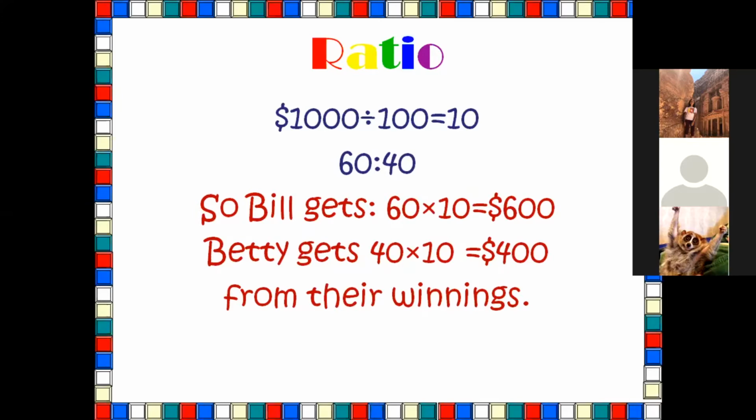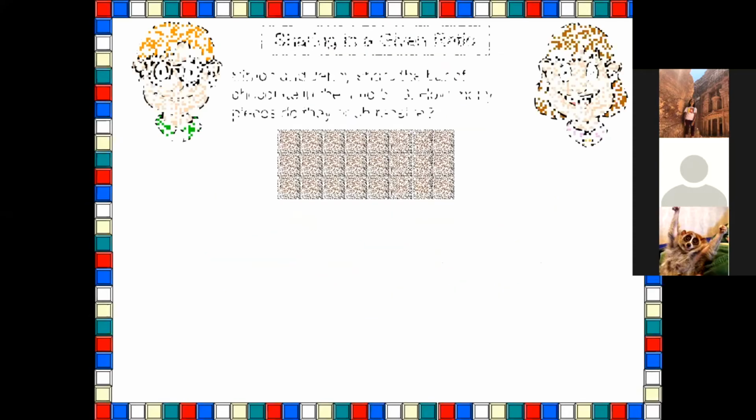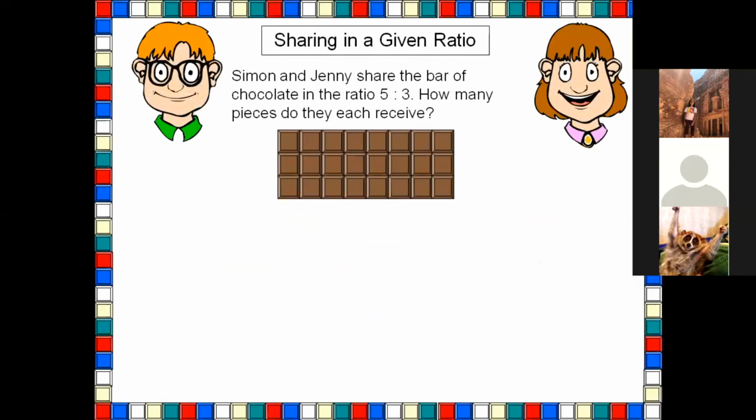Let's have another example. If you didn't get this one, pay attention to this example. Simon and Jenny share a bar of chocolate in the ratio 5 to 3. How many pieces do they each receive? So see, there's a bar of chocolate. Simon and Jenny will share it in the given ratio 5 to 3.